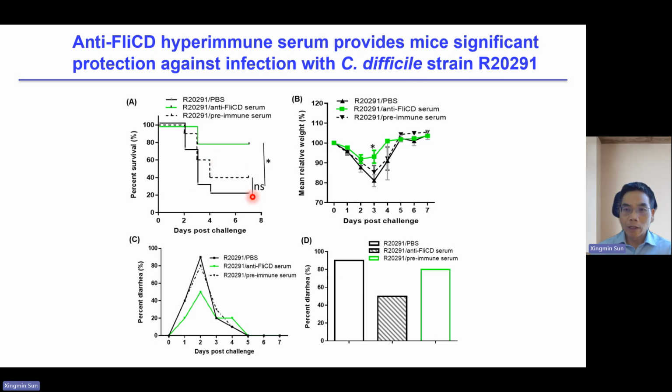We found anti-FliC immune serum provides mice significant protection against infection with C. difficile strain R20291. The survival curve shows the mice injected with anti-FliC serum, mice injected with the pre-immune serum as a control, and mice injected with PBS as an absolute control, and there is a significant protection against C. difficile infection.